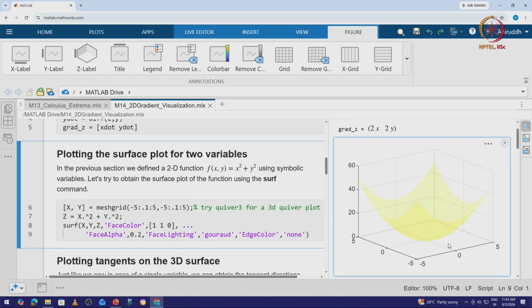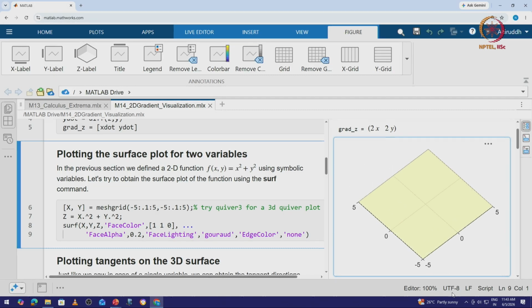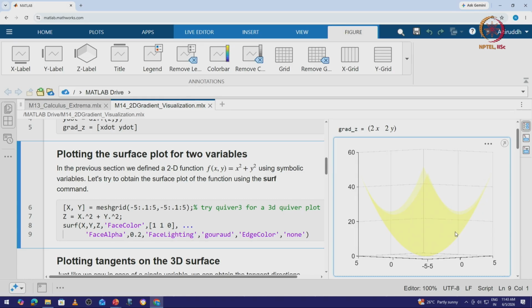However, if I only want to look at the xy projection of this curve, I can look at it in this manner, and we'll maybe look at a better example that would highlight some more features of this curve. Similarly, if I only wanted to look at say z versus an x plot, it would be in this manner.